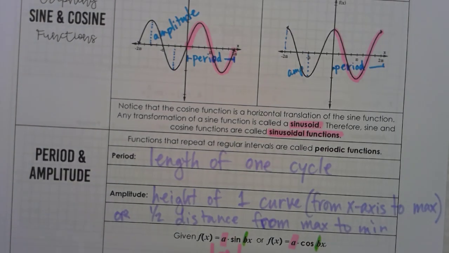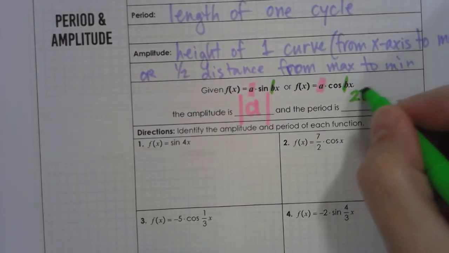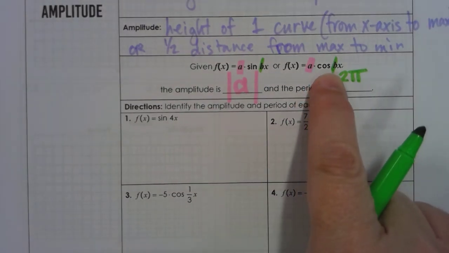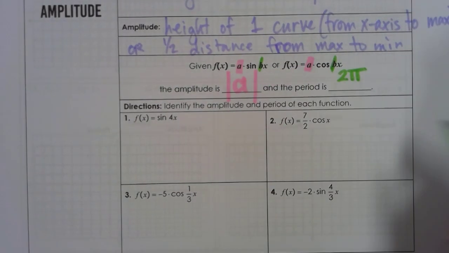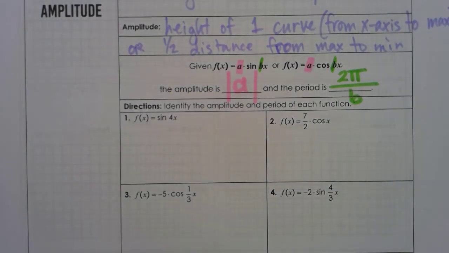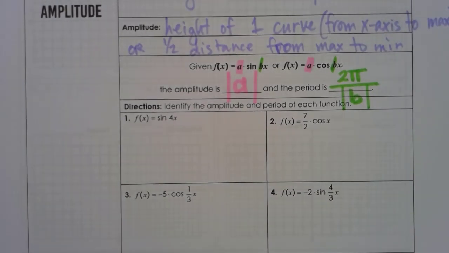So 2 pi is the standard on our parent function. So we're going to start with that 2 pi. And if there's a number in here where the b is in front of the x, then we're going to divide 2 pi by whatever that number is. And again, we're just going to make sure that that number is positive. We don't care about negatives at this point.